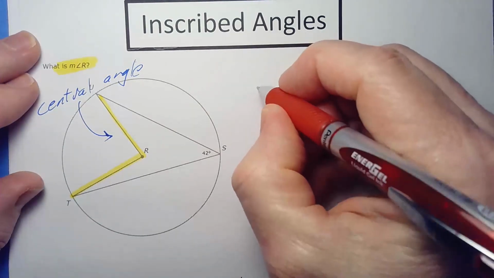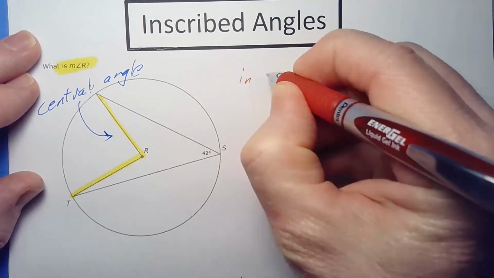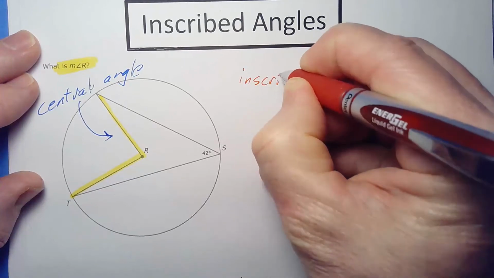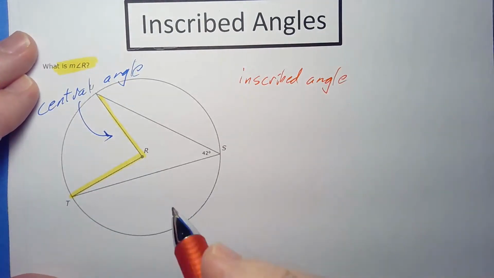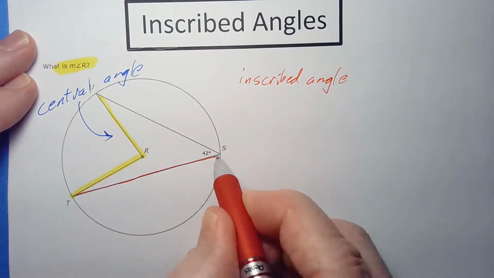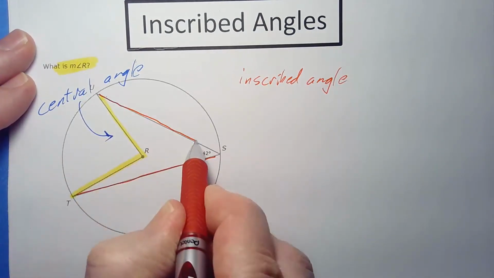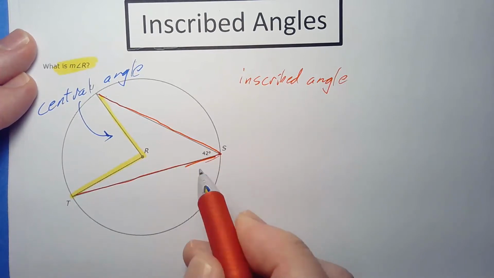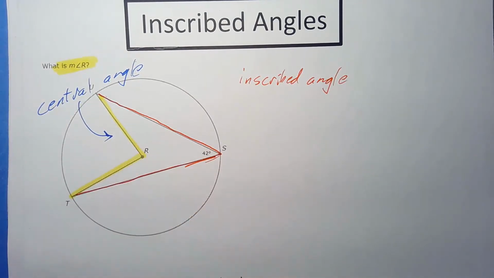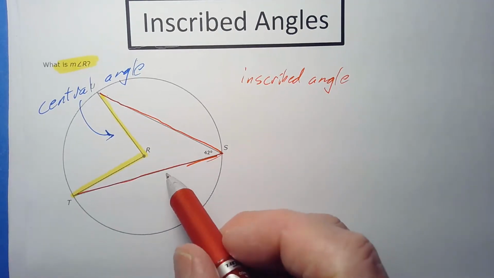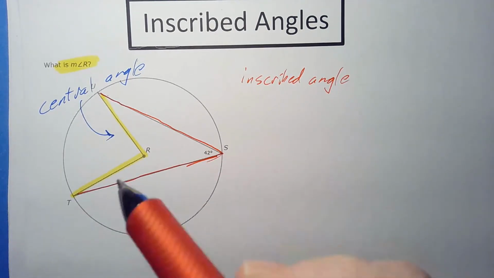Okay, so again, let's get our terminology straight here. Inscribed angle, right? And the inscribed angle in this case is this guy right here, which is angle S, central angle, angle R. Now let's just eyeball it a little bit.